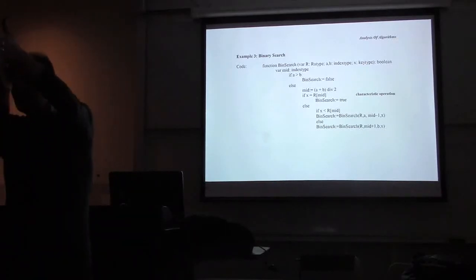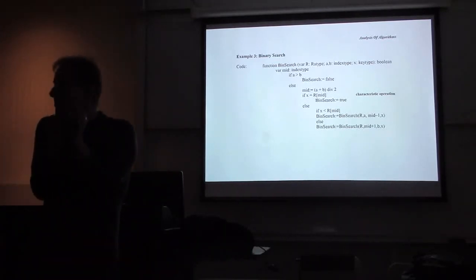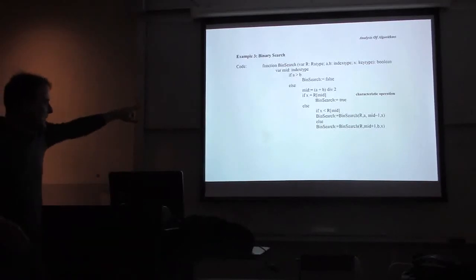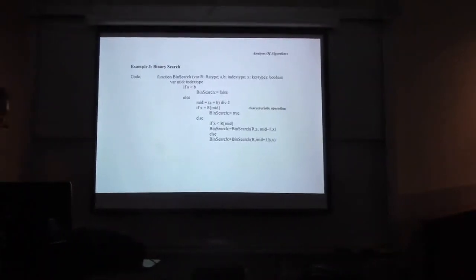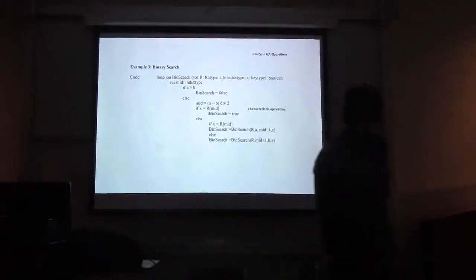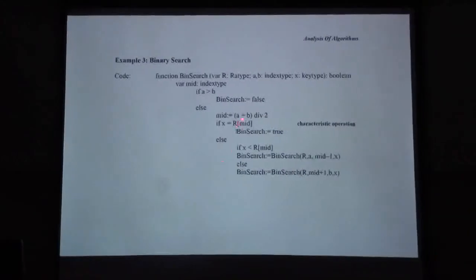Either one is going to make A 1 higher than B. And what's going to happen then is when they go in, the condition A greater than B will be true, and we will return false.